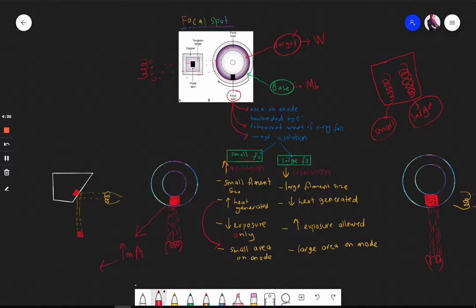Milliampere is related to the amount of electrons bombarded onto the anode. So if we choose a large exposure or large milliampere, a large amount of electrons will be bombarded onto this small area. The cause is high heat generated, and the anode will end up cracked.